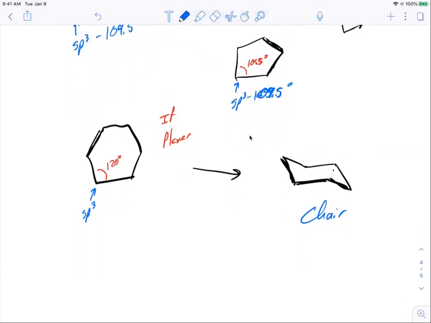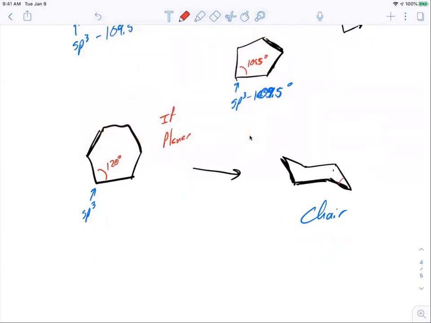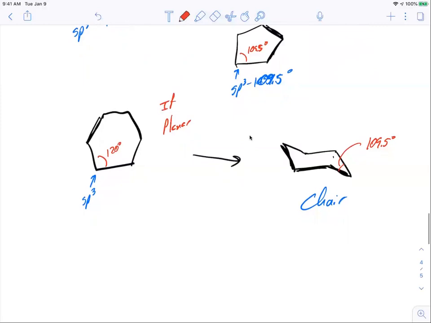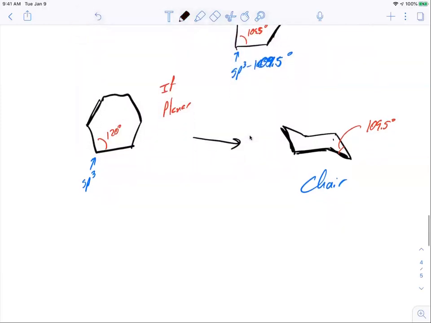That allows all of the internal angles to be 109.5. It also allows the hydrogens to be staggered.